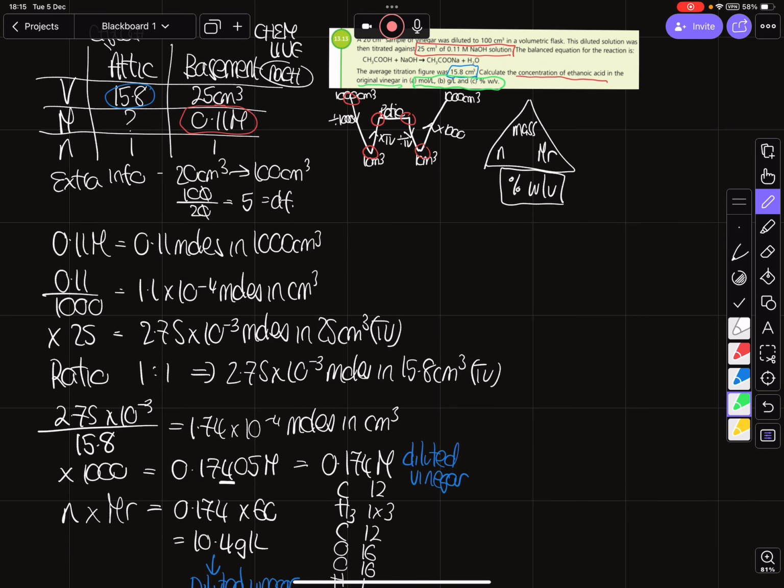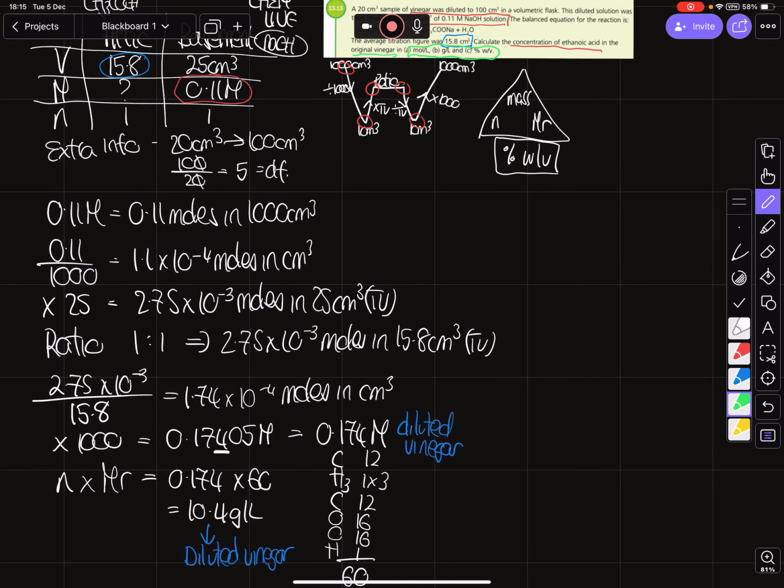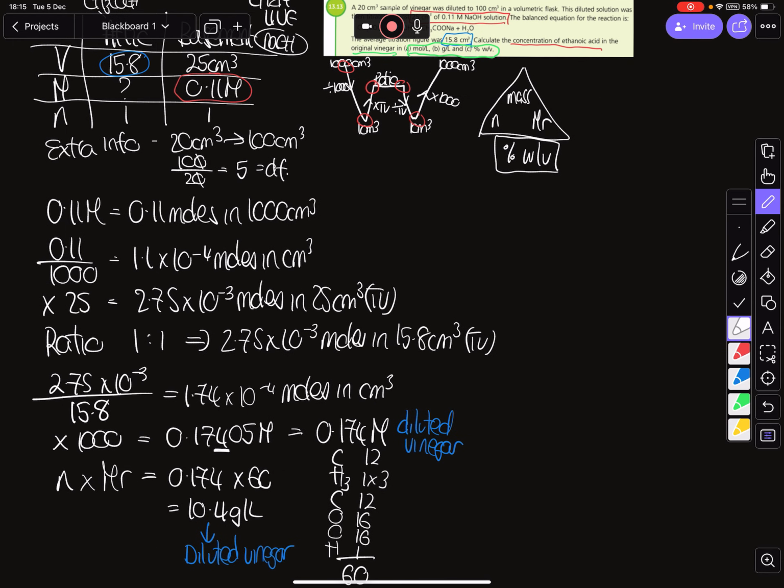So our dilution factor we worked out was 5. So to turn this diluted volume into original vinegar concentration, I multiply 0.174 by 5. When I do that, I end up with 0.87 big M, and this is my original vinegar concentration.